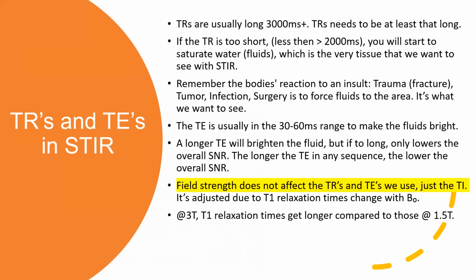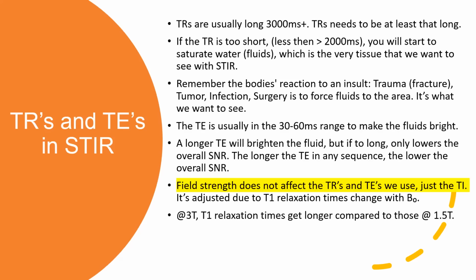So the TRs are very important, believe it or not, in STIR and in FLAIR, but especially in STIR. If you ever do a STIR and you go, boy, that's an awful long scan time, wow, that's almost 5 minutes, how can I save some time? And you say, ooh, look at all that extra TR I've got, I'm going to cut that down. Yep, and you knock it down to, I don't know, 1400 milliseconds, and your images come up and they're terrible.